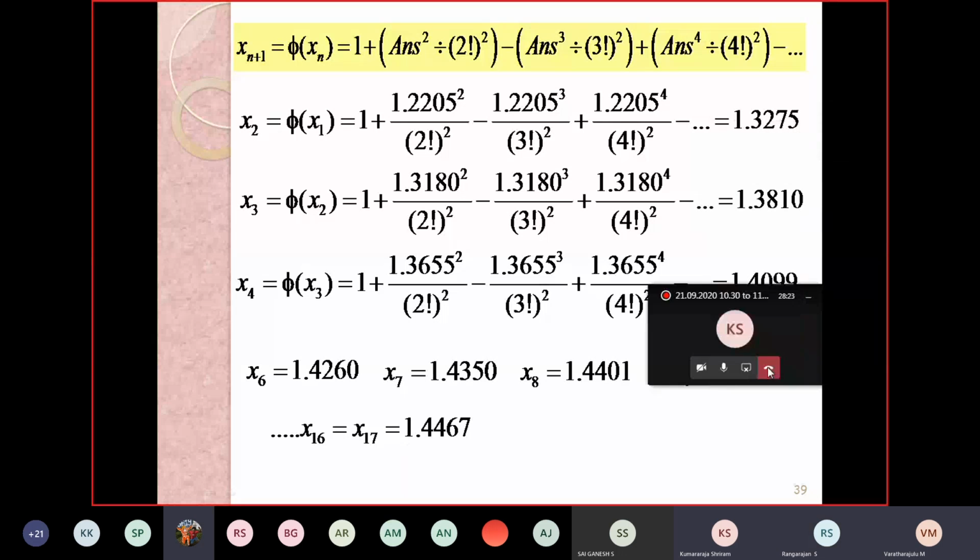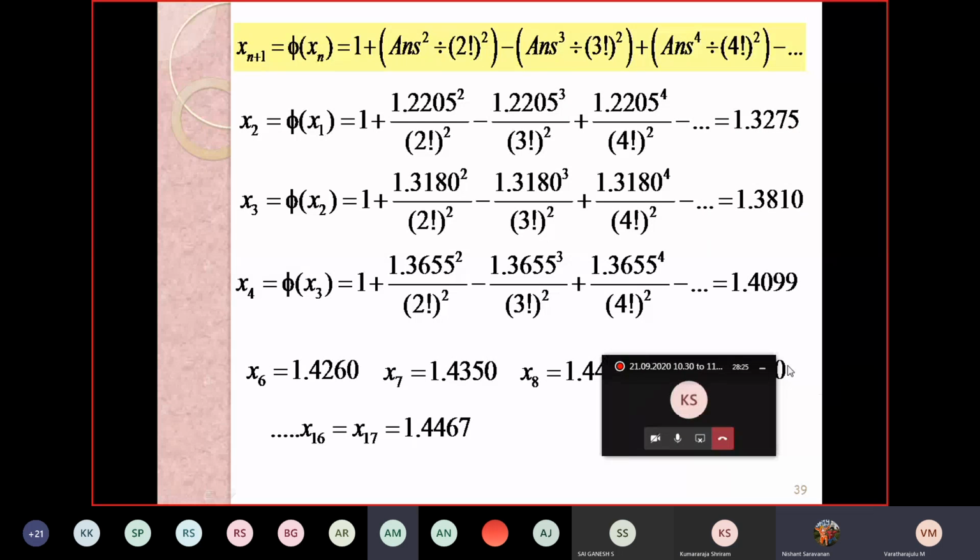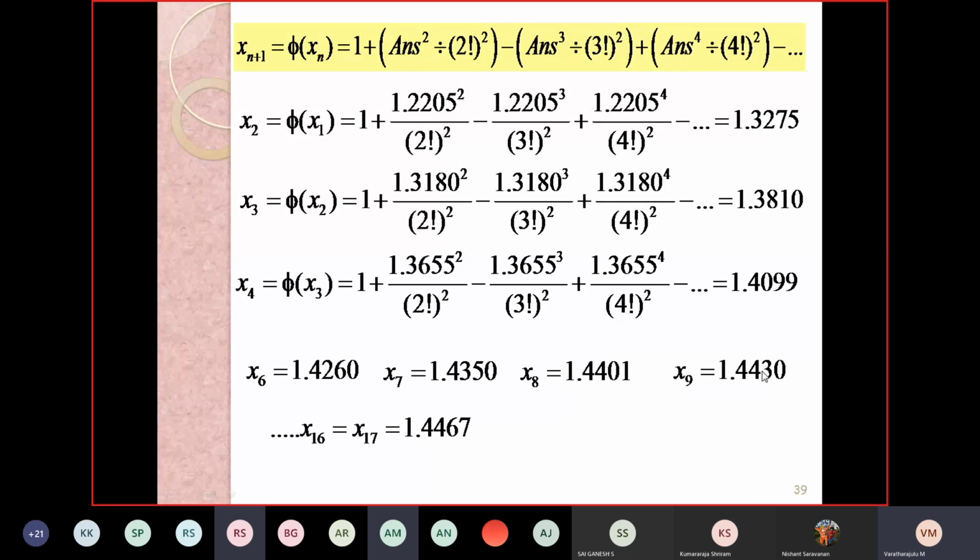Sir, it stops at 1.4468 for me. X18 is 1.4468. X18? Yes, sir. Wait, I will check. Six seven, six eight. Yes, of course.